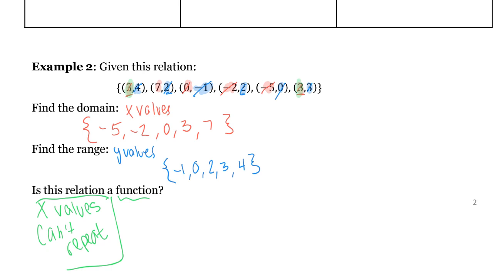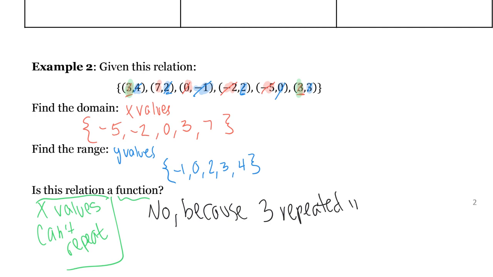So it repeated. So then it is not a function. No, because 3 repeated in the domain. So we don't care if our y values, we don't care if our range repeats, we care if our domain repeats.